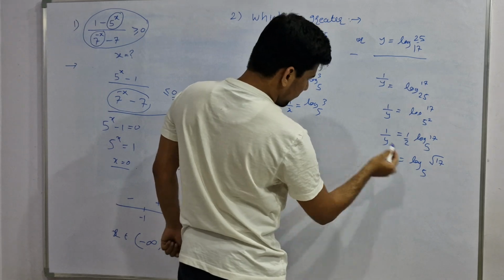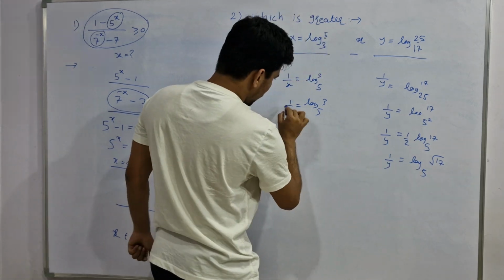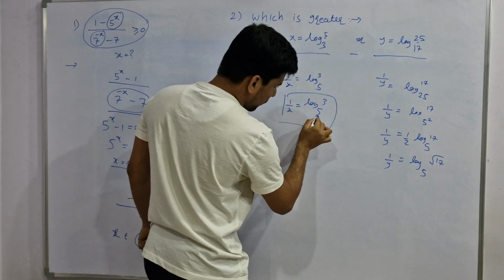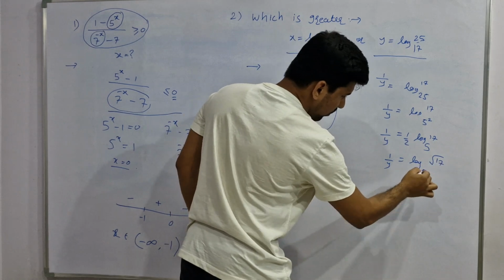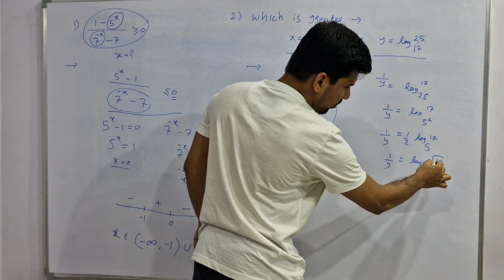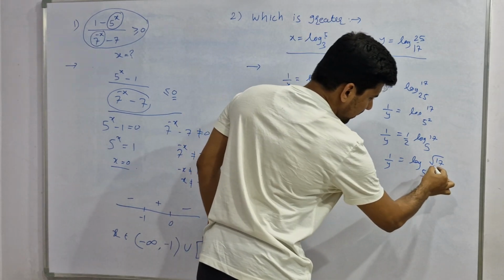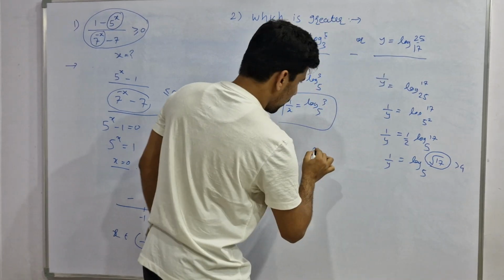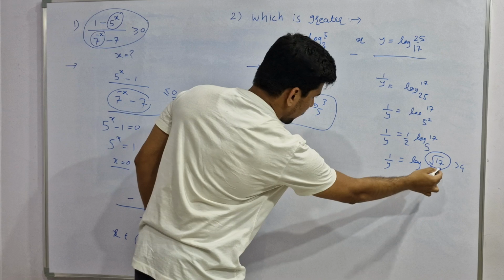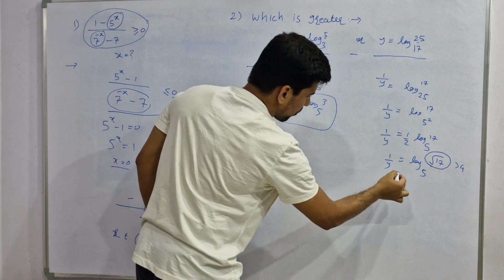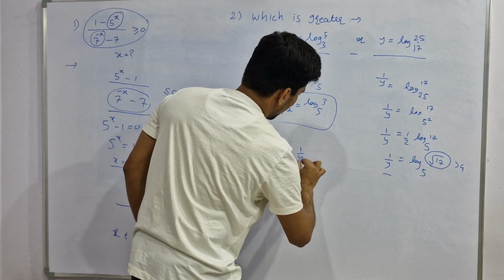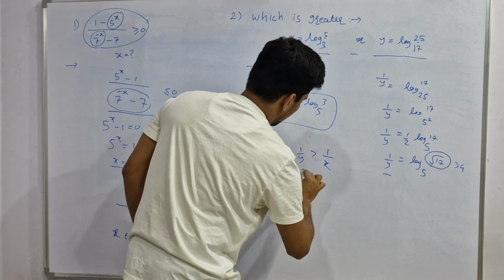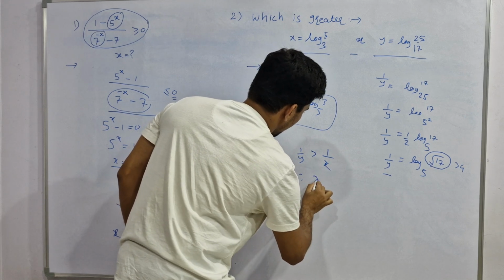Now we can compare these two: 1 by x is log 3 to the base 5, and 1 by y is log under root 17 to the base 5. The square root of 17 is greater than 4, and this is 3. So 1 by y will be greater than 1 by x. Therefore x is greater than y.